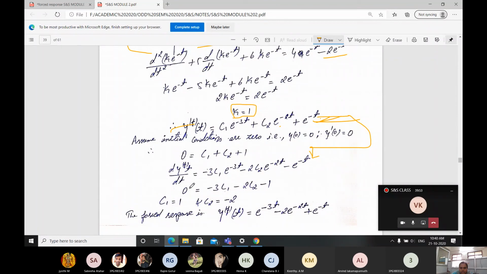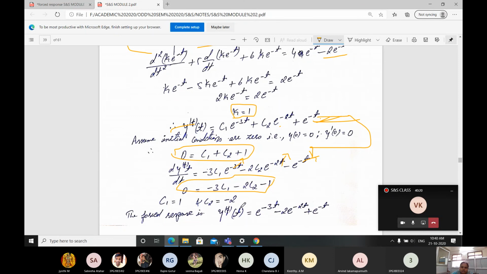So 0 is equal to, substituting t as 0 here also, what is left over? Minus 3c1 minus 2c2, then minus 1 you will get. Solve for this equation and also the earlier equation. After solving these two equations, you will be getting c1 as 1 and c2 as minus 2.